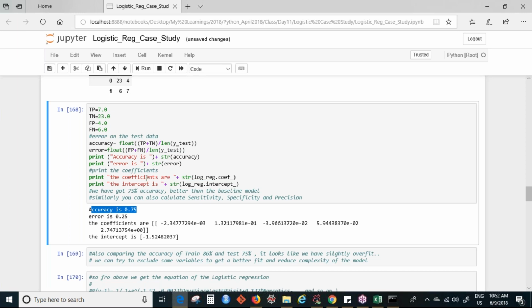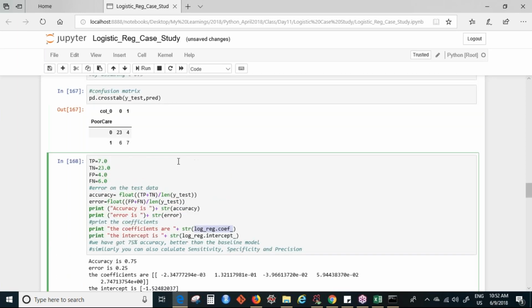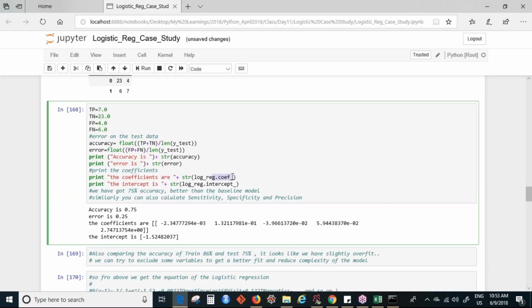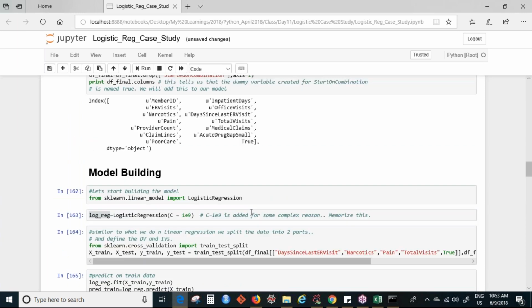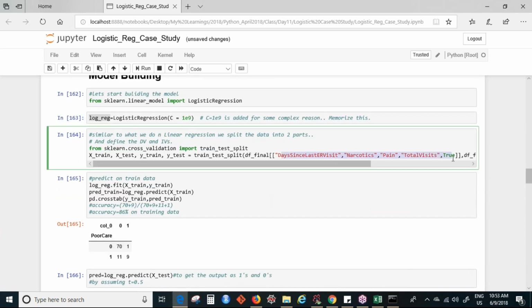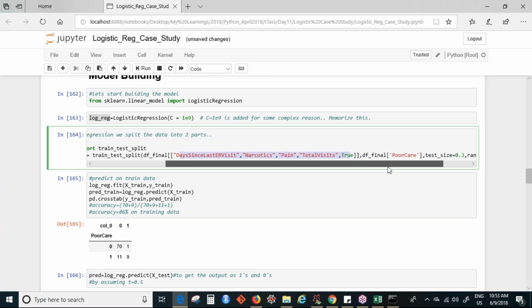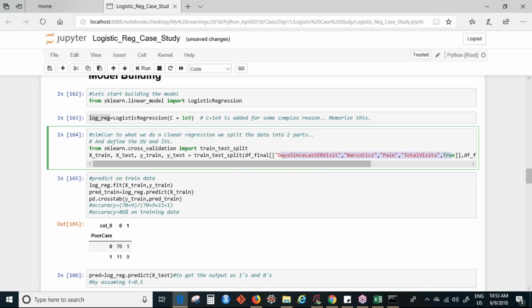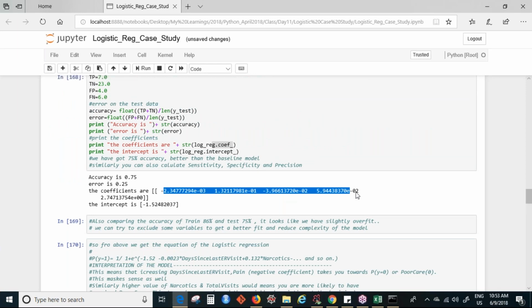Okay, and the coefficients and all you can get using the same functions that you saw in linear regression. You write the name of the model and dot coefficient, you get the values of coefficient. These are the betas for different variables in the same order as you have declared your variables.